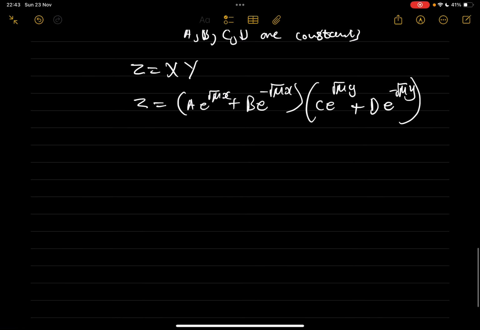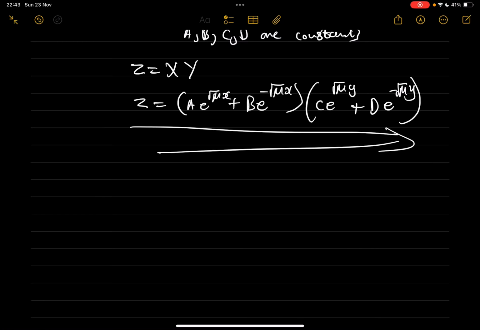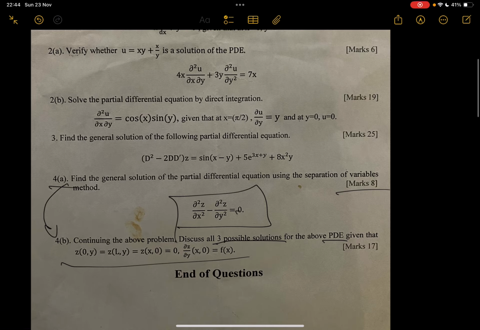So this is our general solution. That was part a, so that's how you get your general solution. Now we are looking at part b.